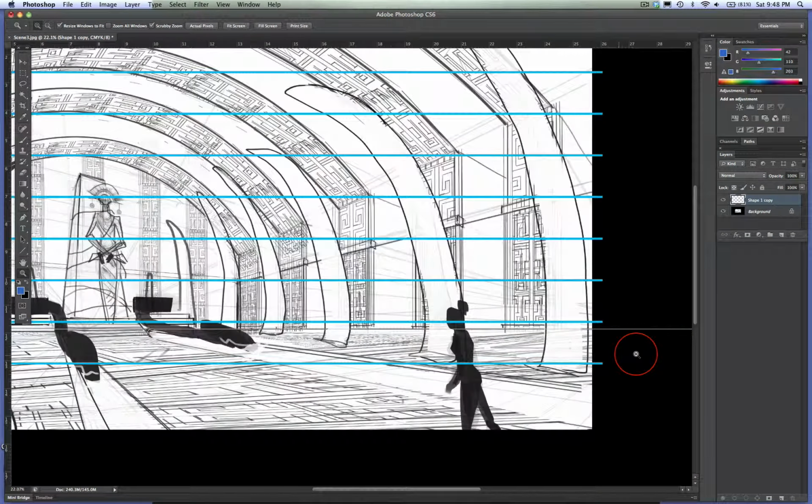So you can see there's issues here on the floor. Some of the lines coincide with that vanishing point and others just do not. So what I'm going to do now is work on the second vanishing point, which is in the distance at the back of the room on the left.